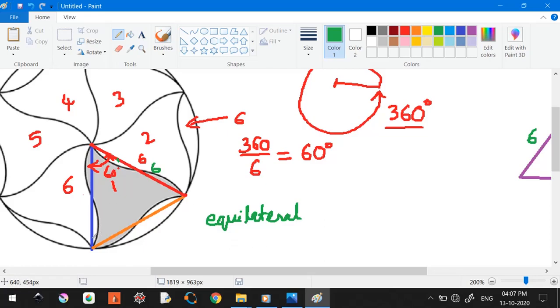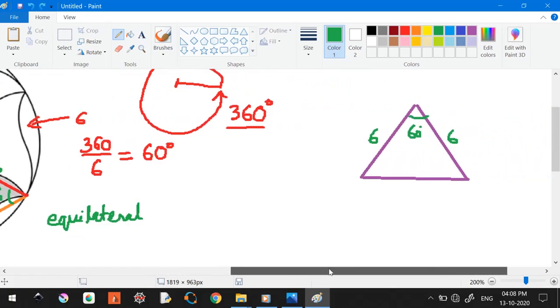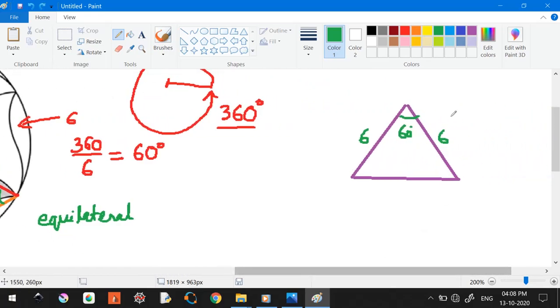So this 60 is distributed here as 60, and this is also 60 degrees, and this length is also going to be 6. But anyway, let us assume you don't know that. Still you can solve this.